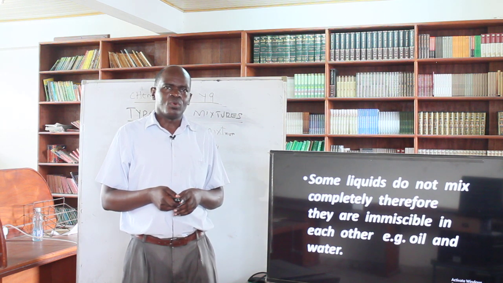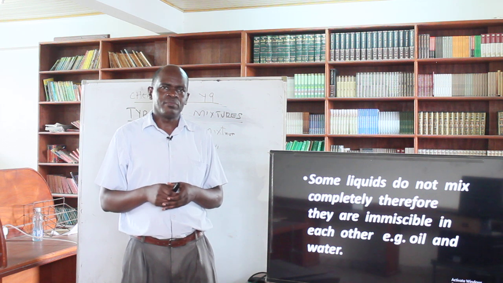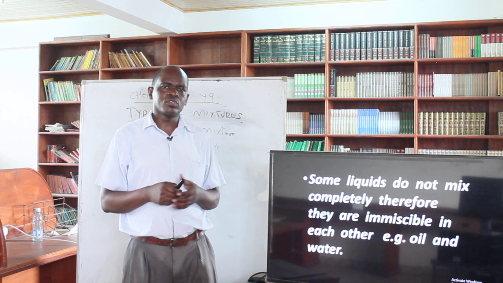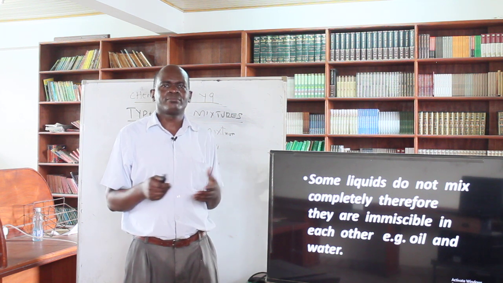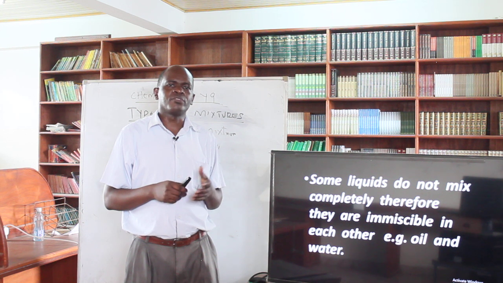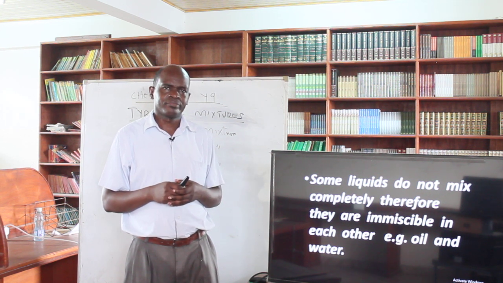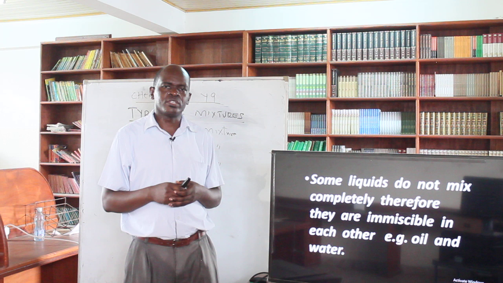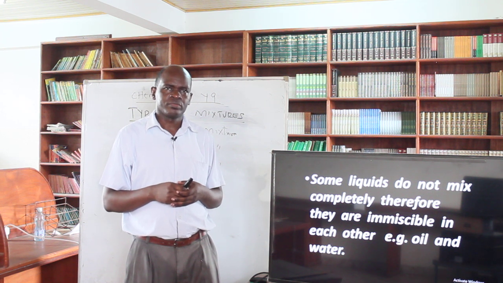Now, when we have some liquids that can mix uniformly, we have some that do not mix completely. Even if you stir these two, for example, if you have oil and water, the two do not completely dissolve.